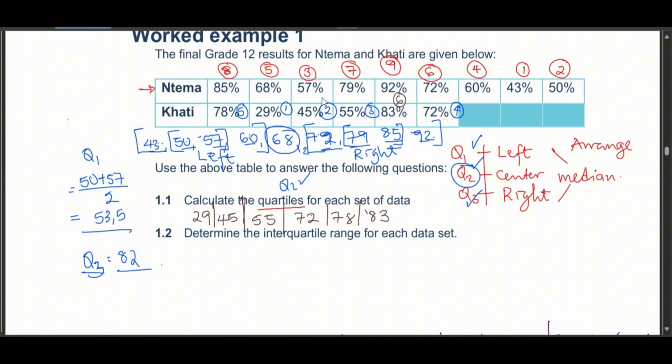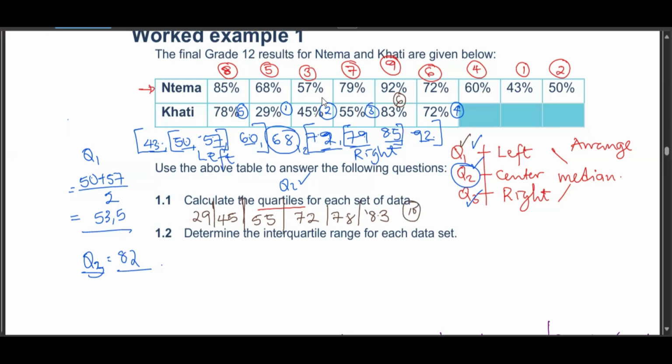So with the 83, we're going to go through the same process. We need to find Q1. This is 1, 2, 3, 4, 5, 6. Since they are even numbers, you're going to add the 2 numbers in between.